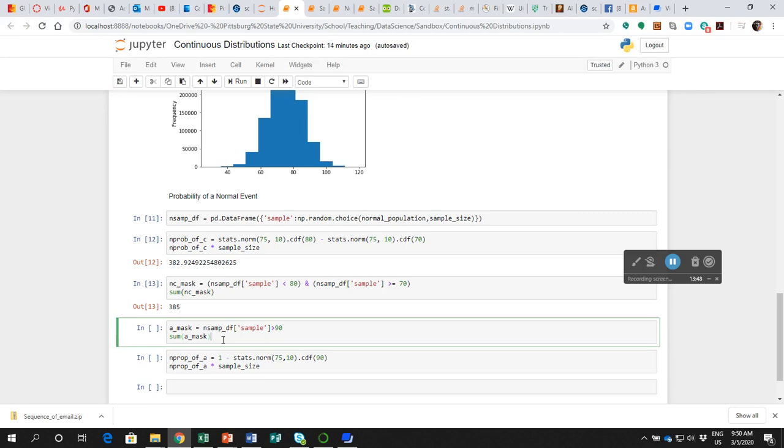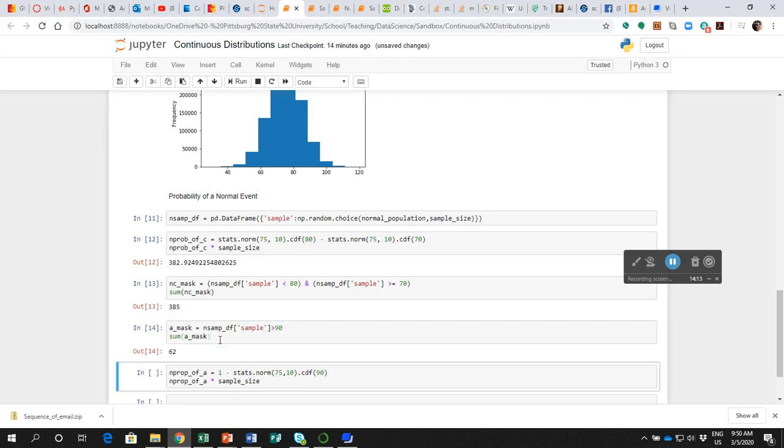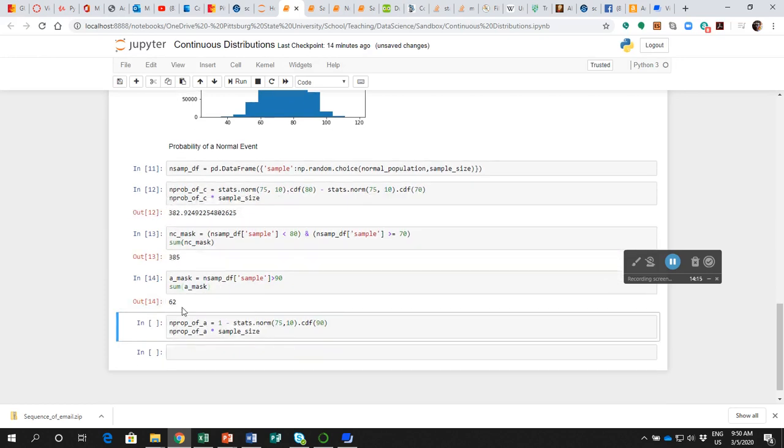Now, how many of these got an A, by making a score of 90 or more? Well, I define my mask there to count as true the ones that are greater than 90. Then I take a sum of that. I actually got 62.